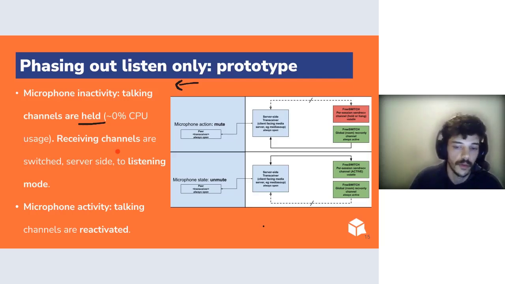So the user is ideally unaware that this is happening, but it will happen, and we will save server-side resources without having to rely on the user to do that. And then when there's microphone activity again, the outbound channel from the user's perspective is reactivated. Channels will be activated again on FreeSwitch, the listening mode will be deactivated on the server side, and things will happen as they do nowadays.